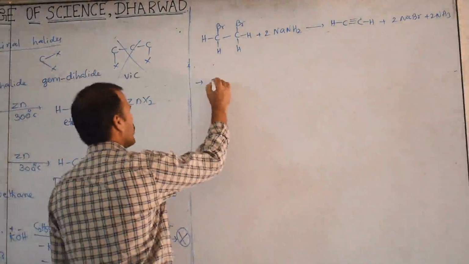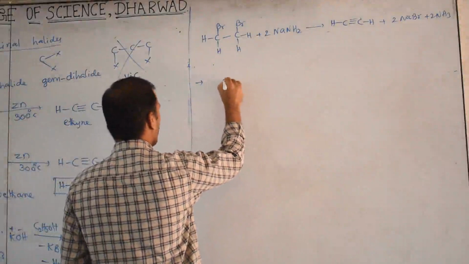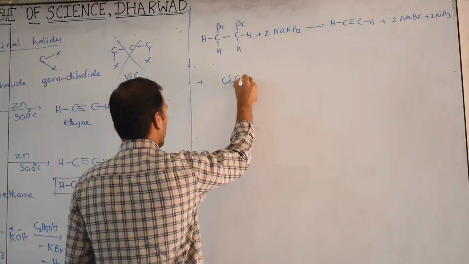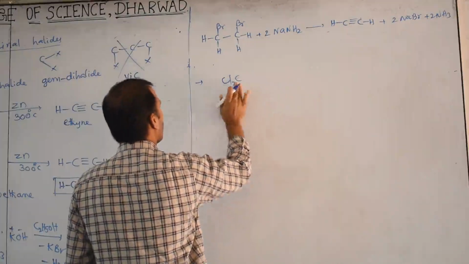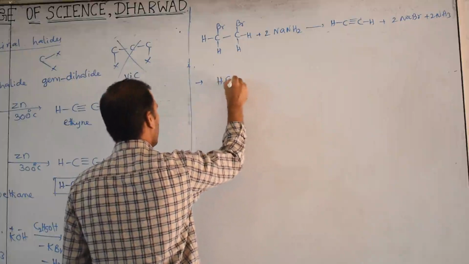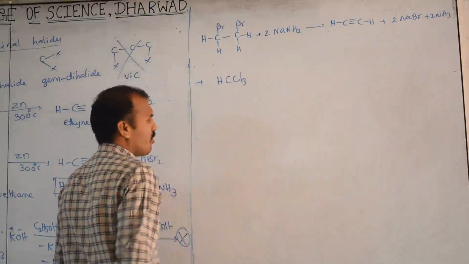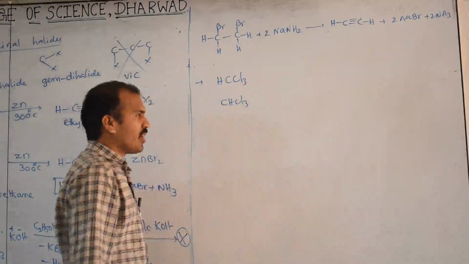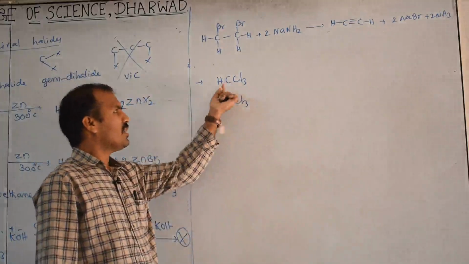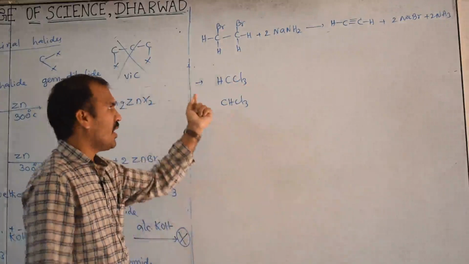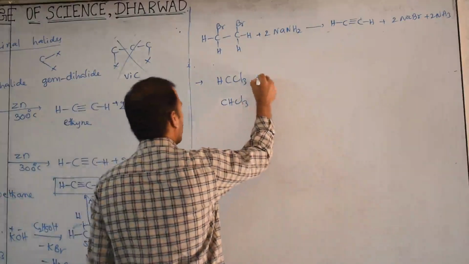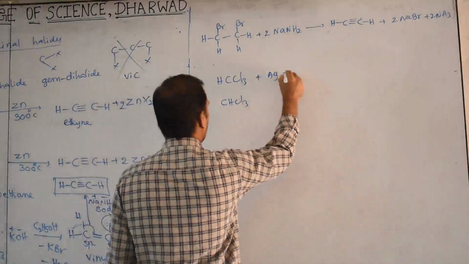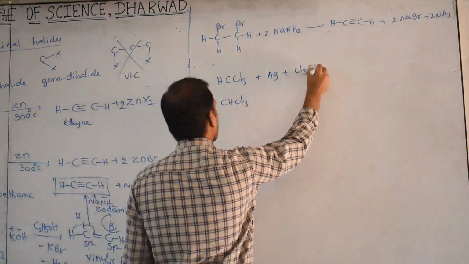One more example: this is chloroform, HCCl3. You can write it like this. Generally you may have seen it as CHCl3. Anyway, you can write either way, no problem. The thing is this Cl is lost, that's why I indicated it on the right side, and it is heated with silver powder. 2 moles of chloroform.